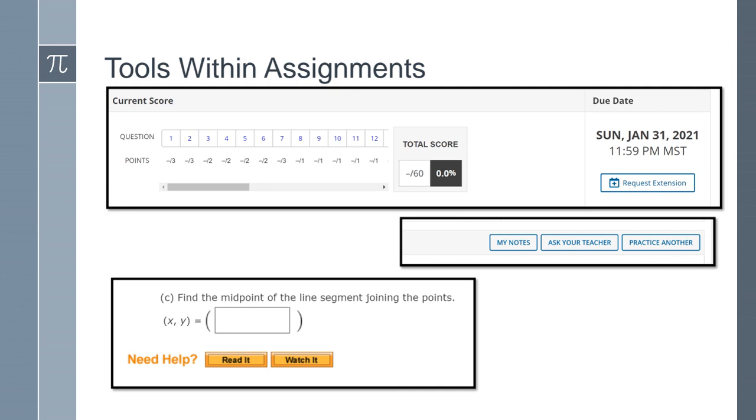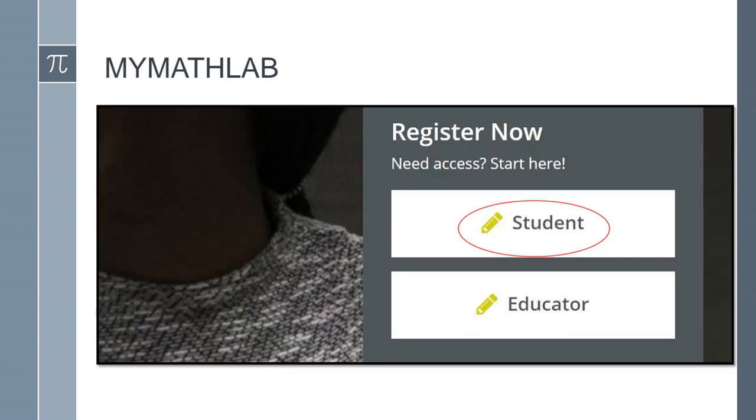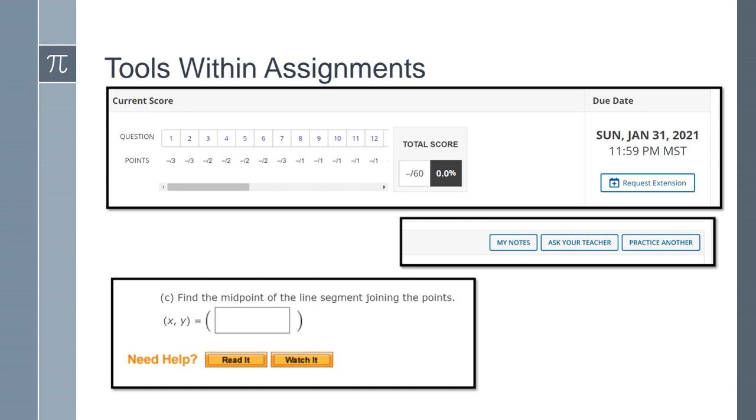All right. So, tools within the assignments. Once you are in an assignment, you have a lot of tools that can help you with doing your homework. So a few of those: you can look at notes.